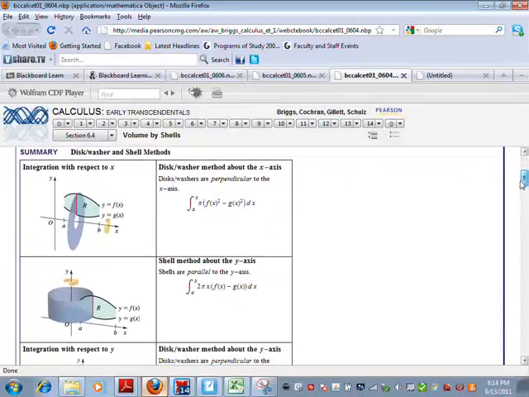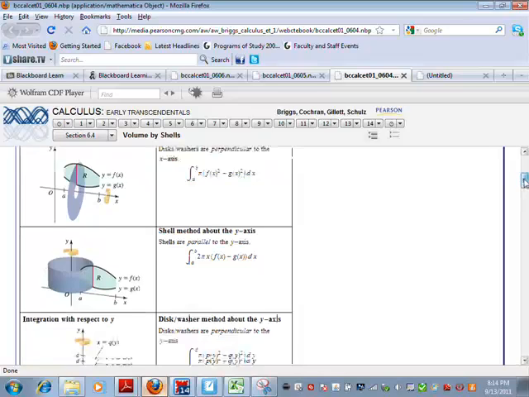But if you're doing integration with respect to x, if you're dealing with functions with respect to x, I usually don't explain it this way, so I'll explain it both ways. But if you're integrating with respect to x, and you want to use the disk method, then you're going around the x-axis, right? If you're using functions with respect to x and you're going around the y-axis, it's the shell method.